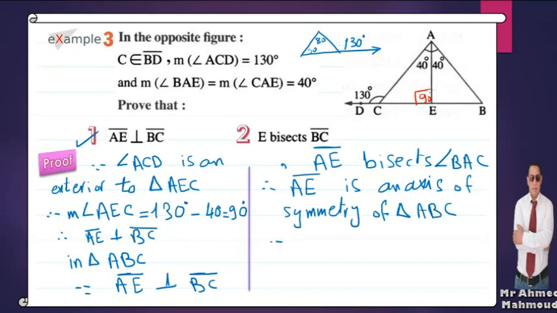Therefore, E bisects BC, because the axis of symmetry, from its properties, bisects the base.